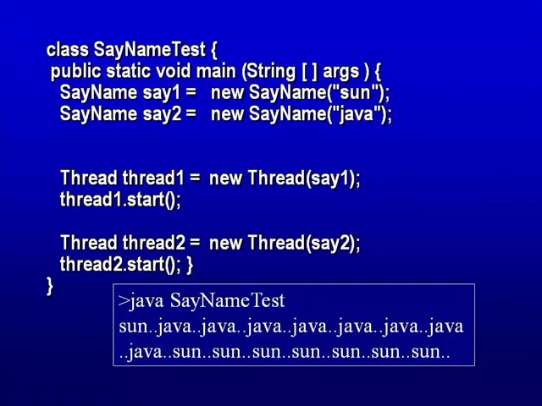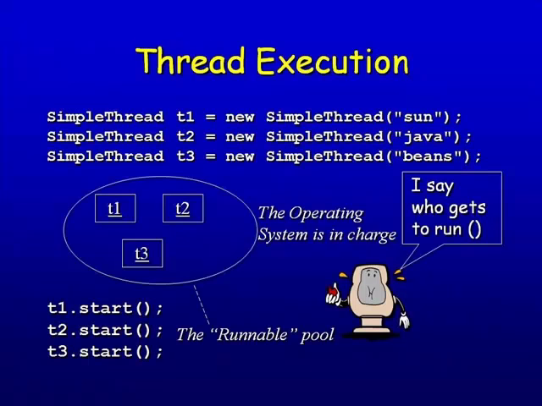We tell both threads to start, and the output is going to be some interleaving of the activity from each of those separate threads. Again, the important thing to remember when working with threads is the order that you write threaded code is not necessarily the order that you're going to see when you execute your program.